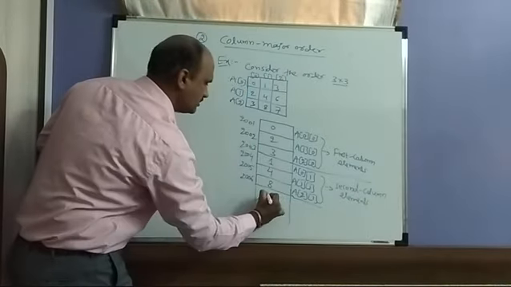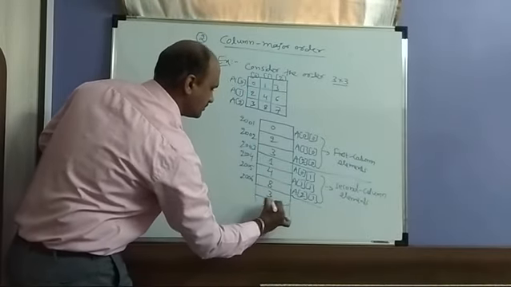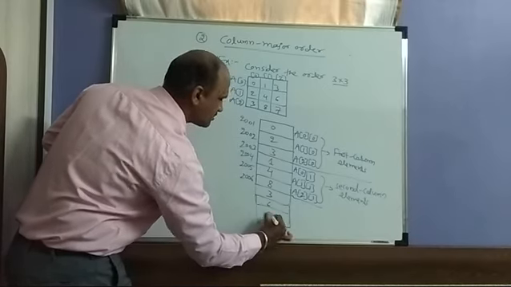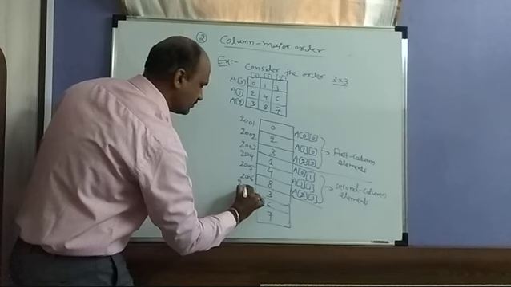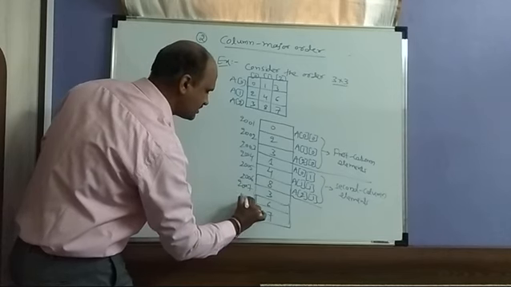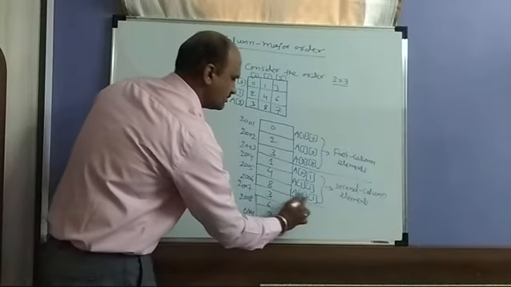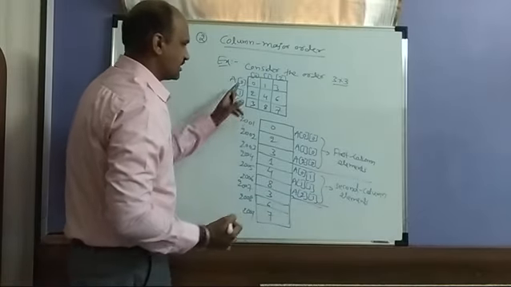Then the last ones, 6 and 7. We again have the memory address for each element. Then the second column is over.